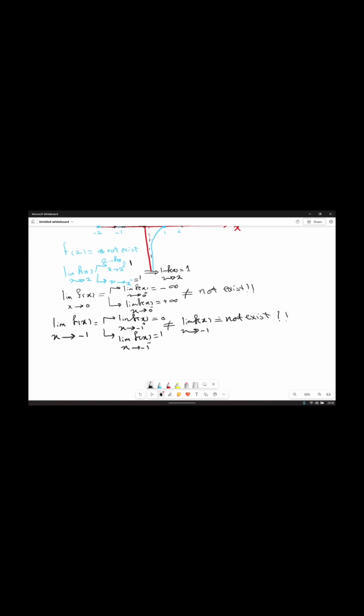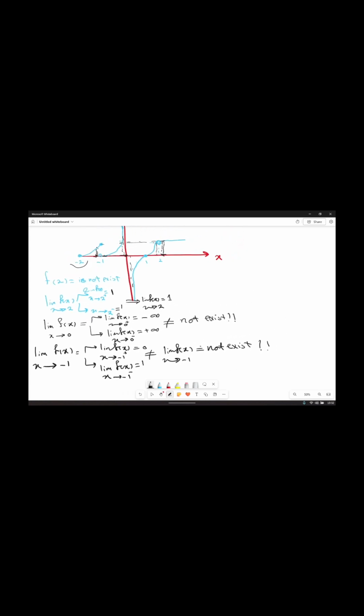The positive side is so clear: when you approach minus 1 from the positive side, you get the value 0, and if you approach minus 1 from the minus side or left side, you obtain 1, so they are not equal, and totally this limit as x approaches minus 1 does not exist.